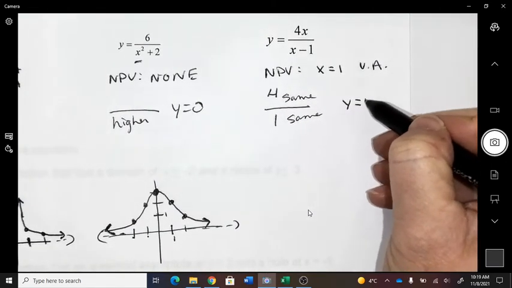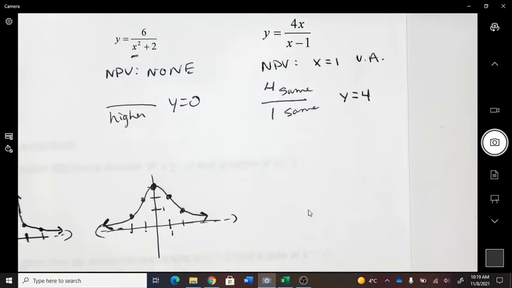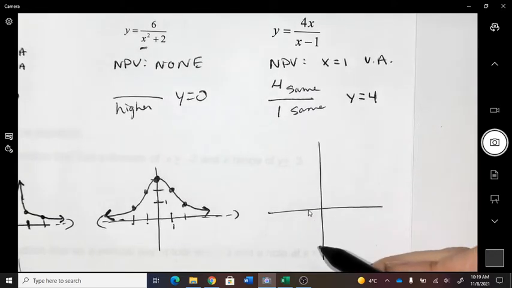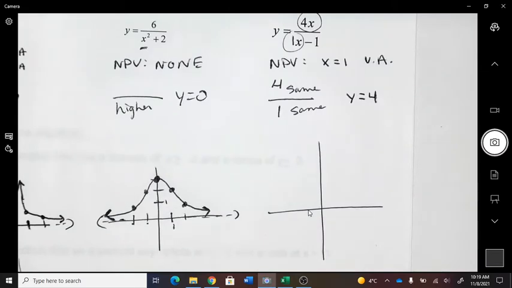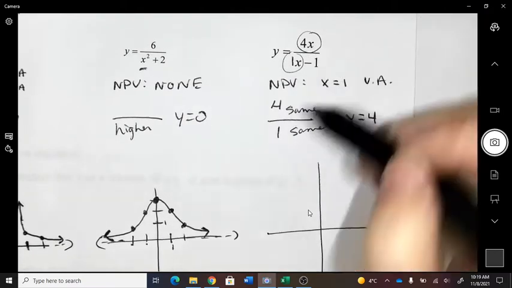So therefore, I'm going to have a horizontal asymptote at 4. Does the fact that it's a negative matter? It's the coefficient of your variable, how many x's. So it's like a 4x divided by 1x.